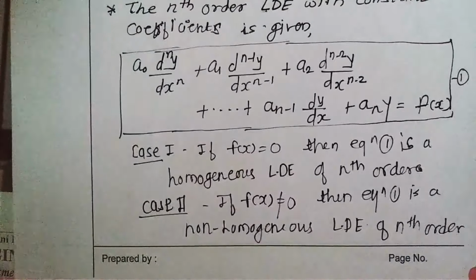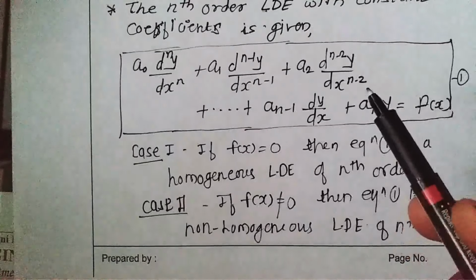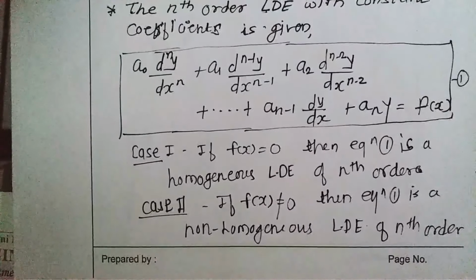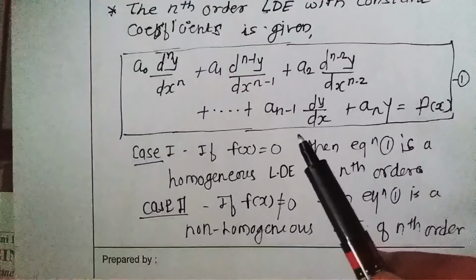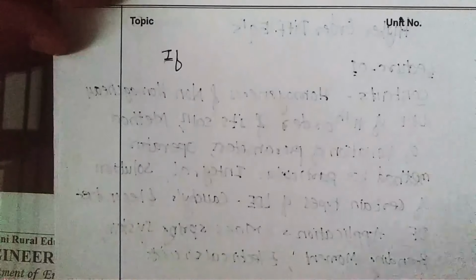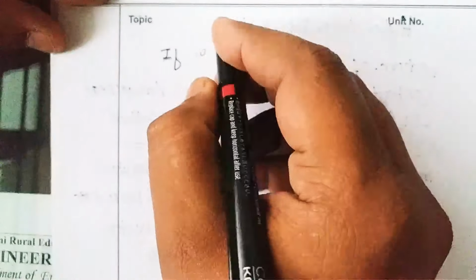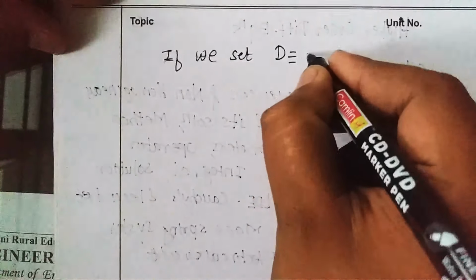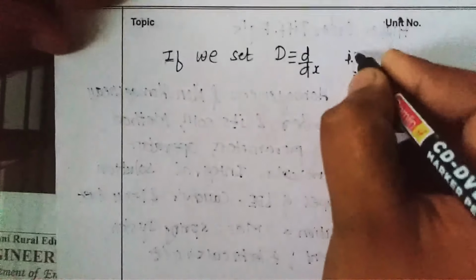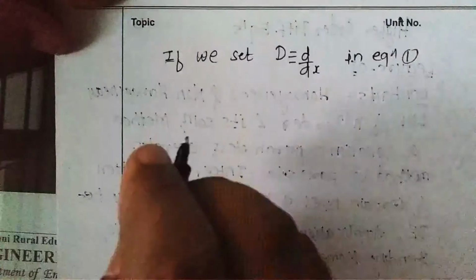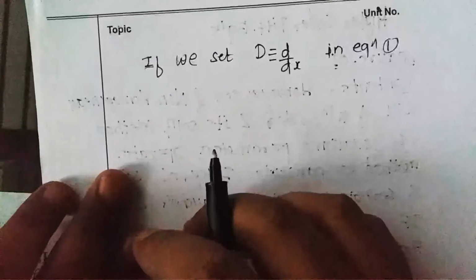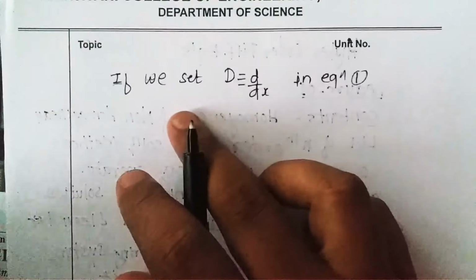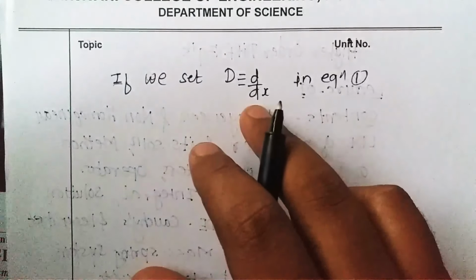Now before going towards the method of solution, we'll first discuss some notations that we are going to use in problems for a differential equation, okay? Now if we set capital D as d/dx, and we are going to use this notation in this particular unit, the meaning of capital D can be taken as the derivative of first order with respect to the variable involved in the problem.